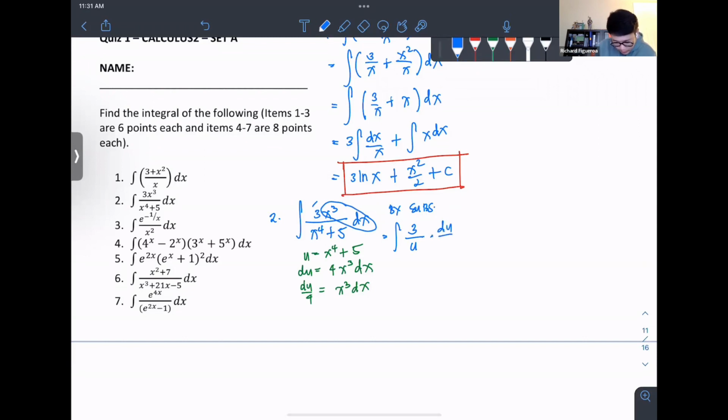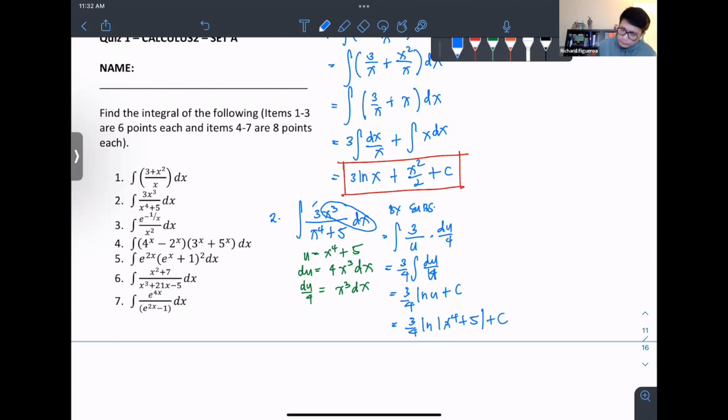Moving out the constant, I'll have 3/4 and du over u. Du over u is ln u plus c. Or simply 3/4 ln of x to the 4th plus 5, plus c.